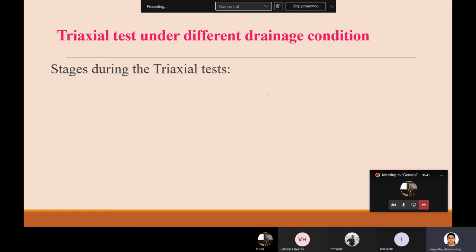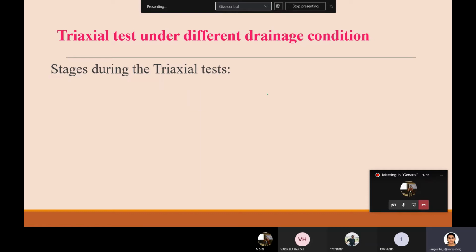Then the sample will start consolidating under the given applied load. So you take the sample, apply sigma 3 confining stress on it, leave it as such, then the sample will consolidate. So that is the consolidation condition under the given applied load. Later on, you have to allow the water to flow off while conducting the test. So that is the drained condition.